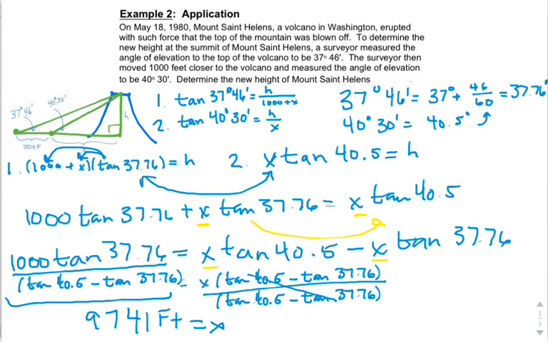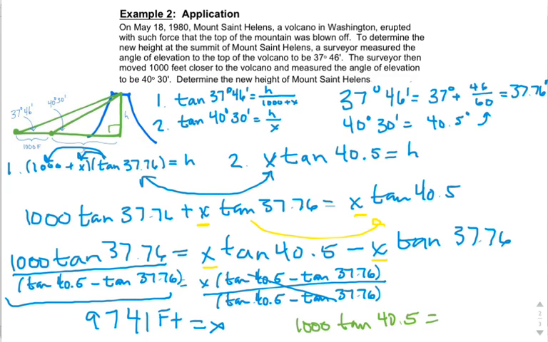I've got a formula here that's going to make it easy for me to find h. So I'm going to take the 1,000, plug in for x, and just work it out. So 1,000 times tangent of 40.5 should give me what h is.